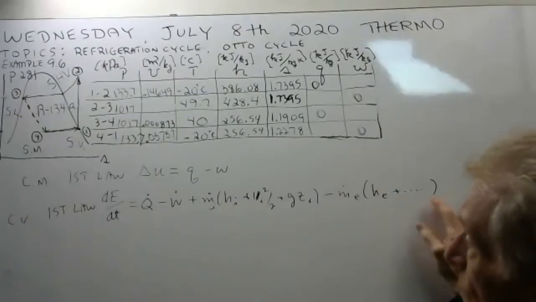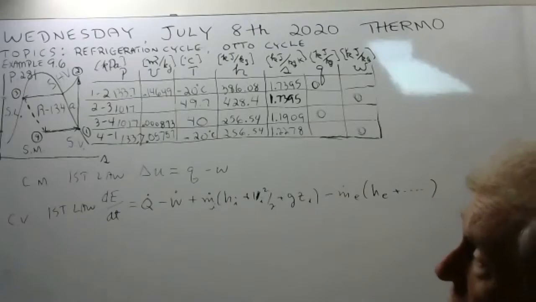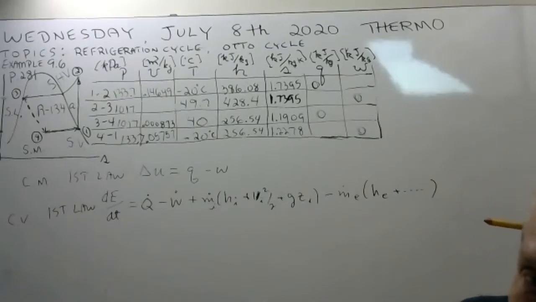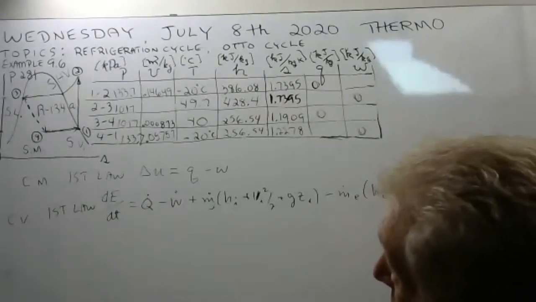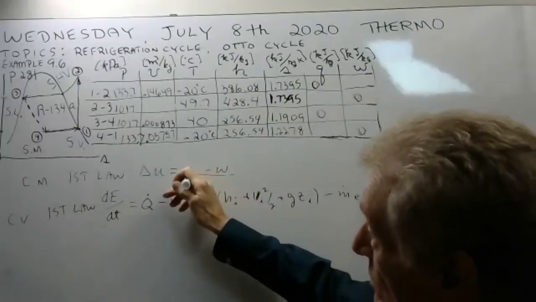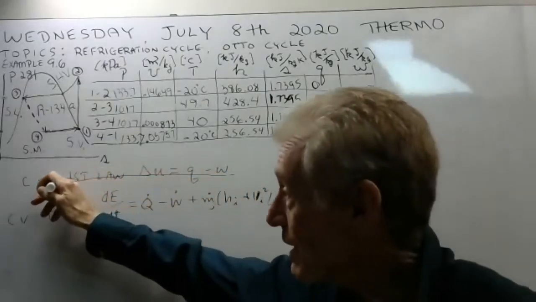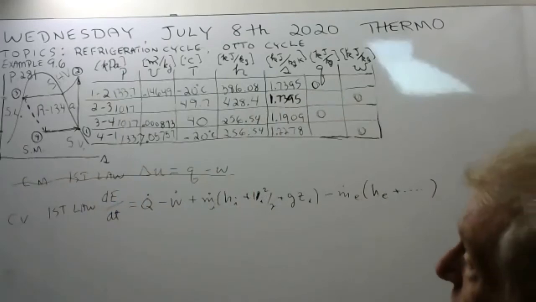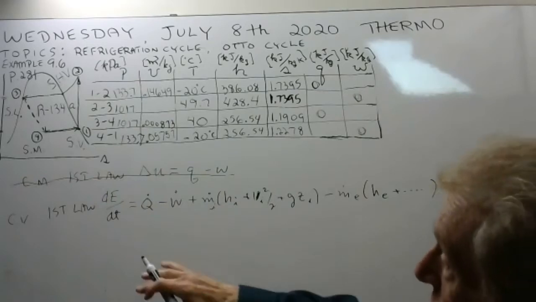You got to use this version. This is important. You got to know which one of those to use or bad things happen. This is not the one you use because we don't have a piston cylinder deal. We have control volumes. Well, let's use it on this.